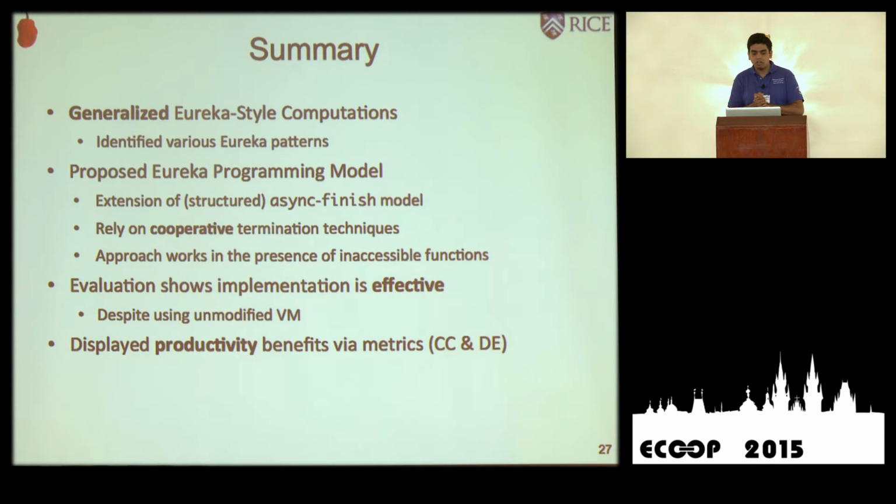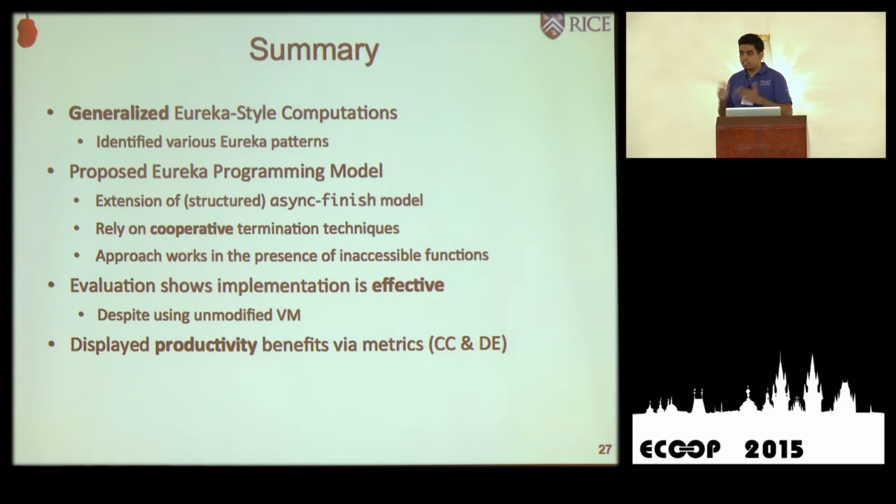So to summarize my talk, I presented what Eureka-style computations are and different patterns of them. I proposed the Eureka programming model, which is a simple extension of the async finish model, and how we do task termination. I evaluated our approach, and one thing I didn't mention is our implementation runs on an unmodified JVM.